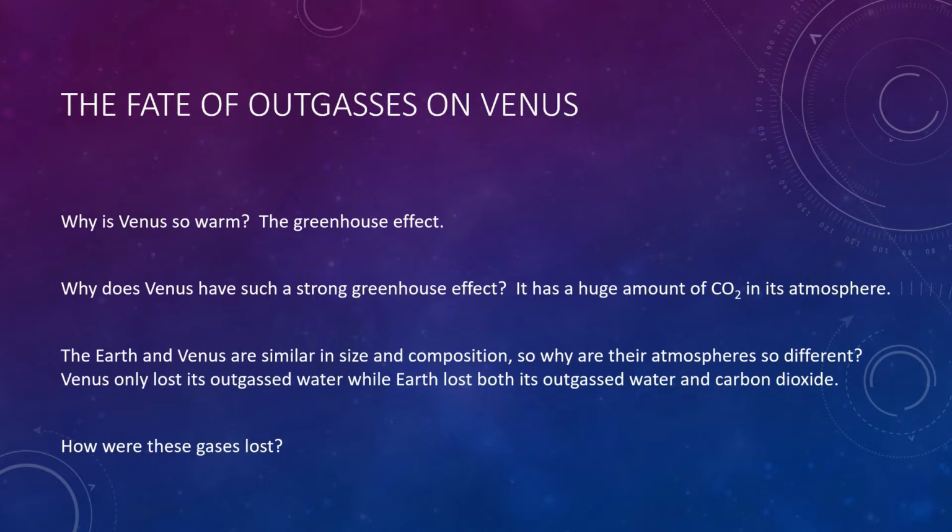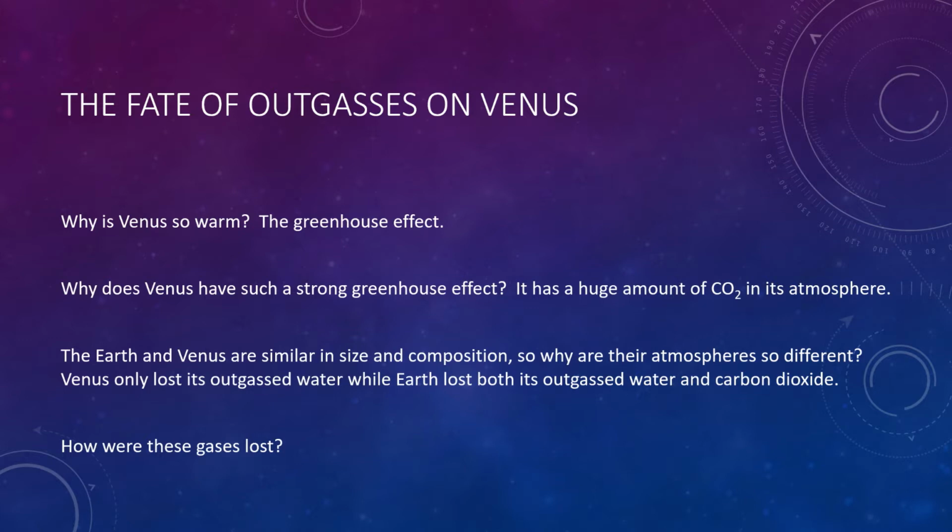However, a deeper question still remains. Given their similar sizes and compositions, we expect Venus and Earth to have had a similar level of volcanic outgassing, and the released gas ought to have had about the same composition on both worlds. So why then is Venus's atmosphere so different from Earth's?